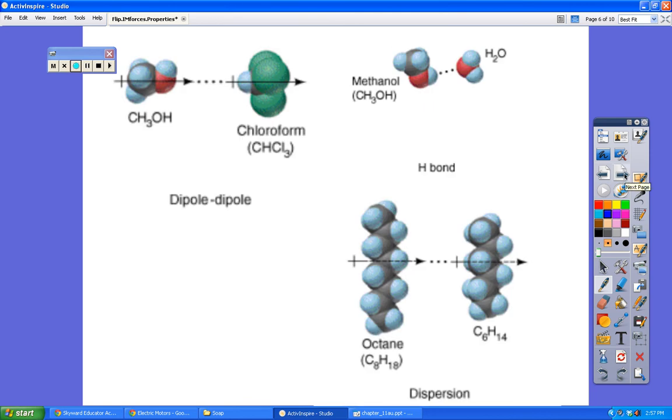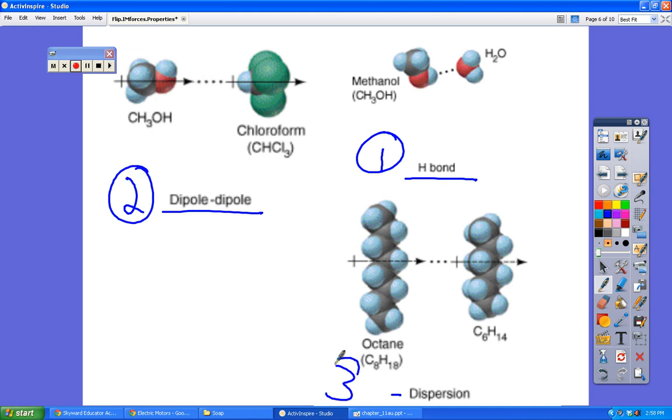Now, just to review the different types of bonds, we have dipole-dipole, hydrogen bond, and London dispersion. You should know by now the strongest one, and I'm going to put a 1 next to it: hydrogen bond. Dipole-dipole is the second strongest, and dispersion is the third. This is going to affect how things boil.